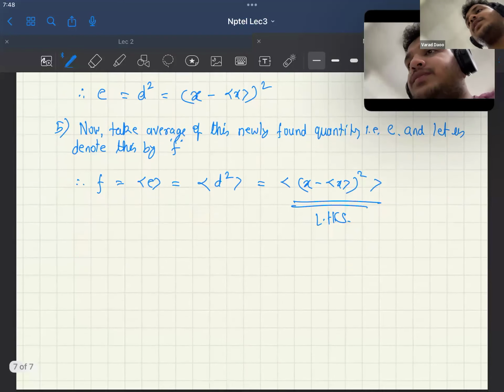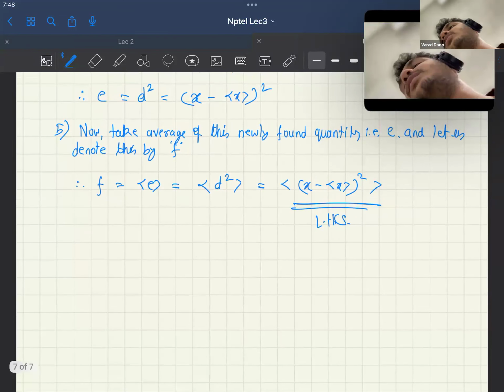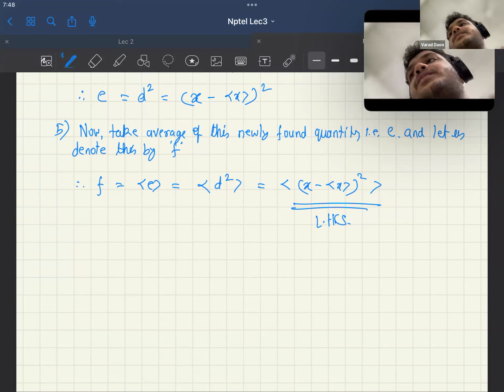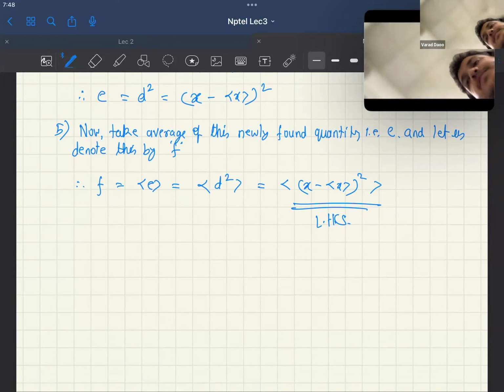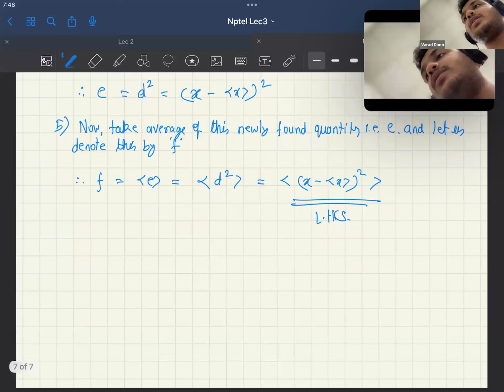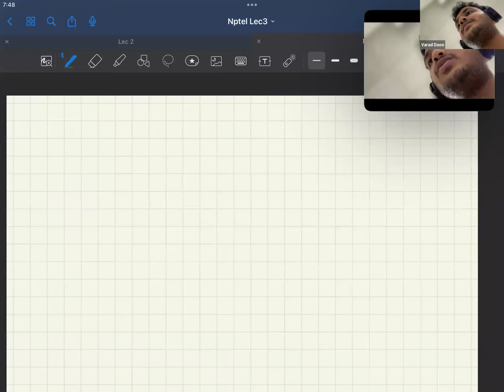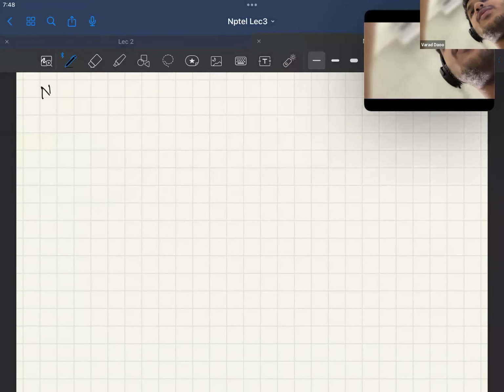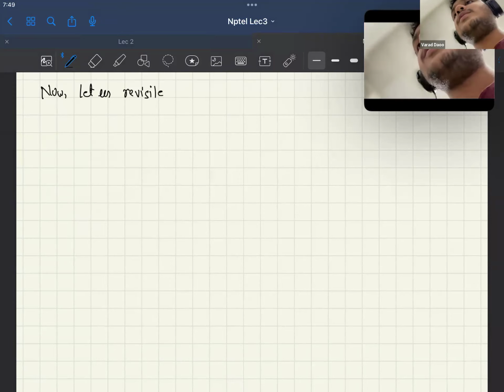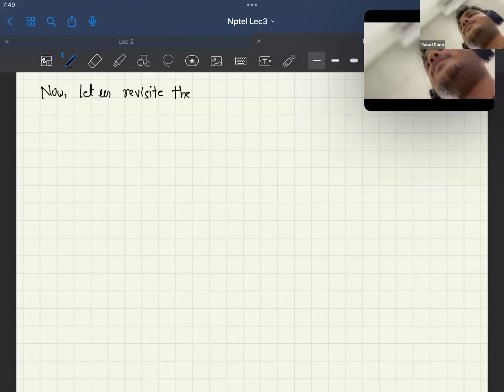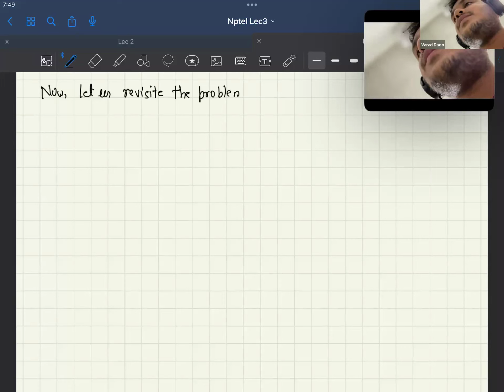So now let us try to solve the problem. Now that the question is very clear, it is very important for one to understand the question, rather than directly jumping onto the problem. Okay. So now let us try to prove it. Let us revisit the problem and try to prove it.